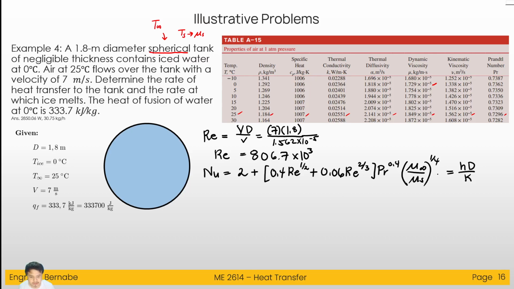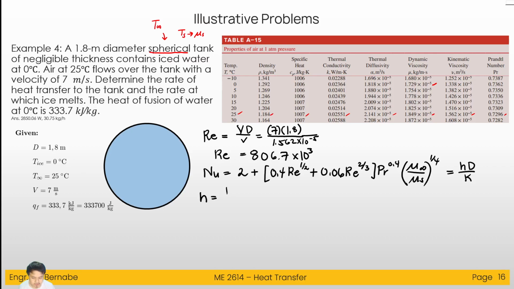So we can find h already. I'll skip to the parts so that we can just find the h. I need to rewrite this really, no?